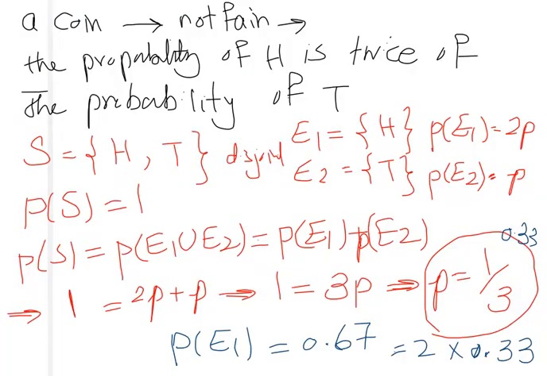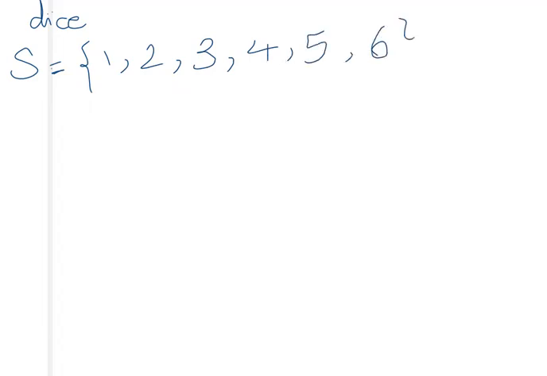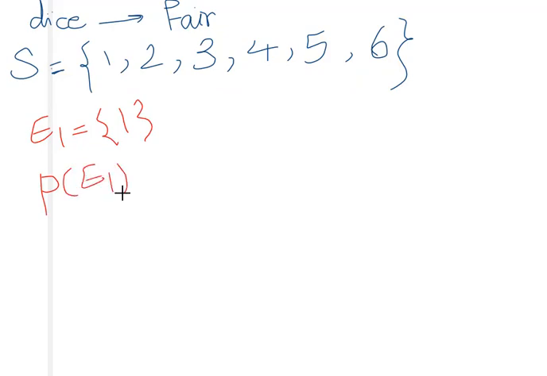For example, if we roll a dice, S is 1, 2, 3, 4, 5, and 6. If the dice is fair, it means the probability of 1 is equal to the probability of 2, is equal to the probability of 3, and so on. So the probability of 1, E1, is 1 over 6.